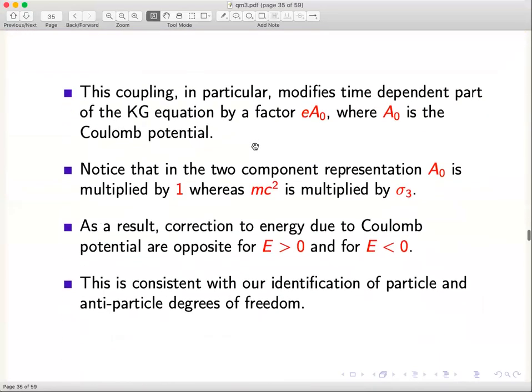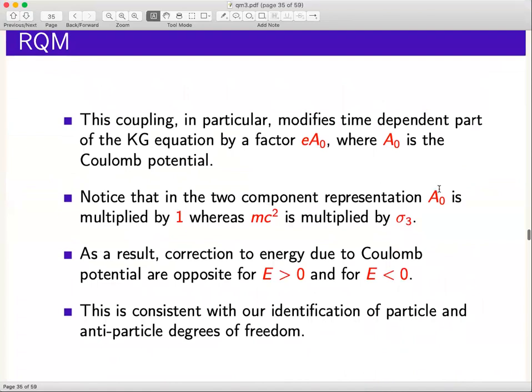And we also talked about the way A0 couples. In the two component form, it comes with an identity matrix, whereas mc squared comes with sigma 3.